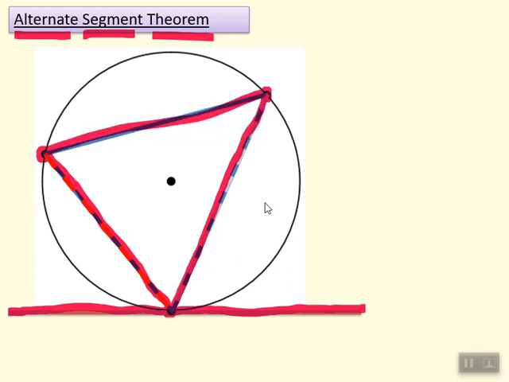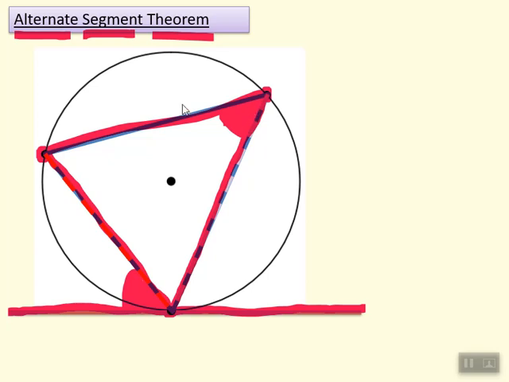Remember, those 2 points have to be on the circumference, the third point has to be on the circumference, and the tangent has to go through that point. Then this angle here is exactly the same as this angle up here.